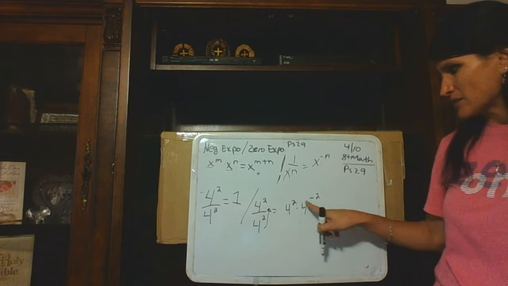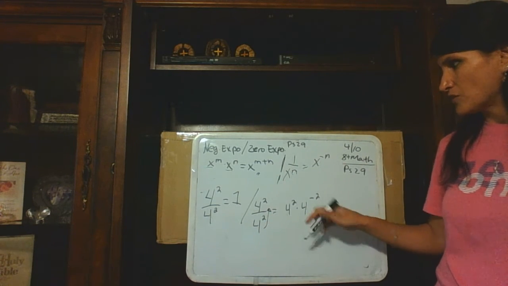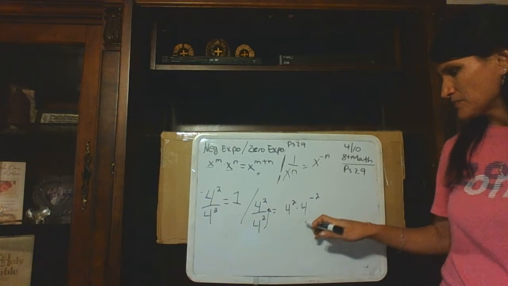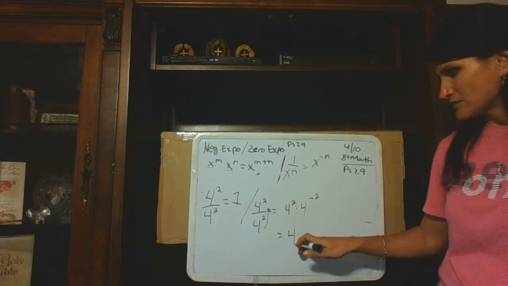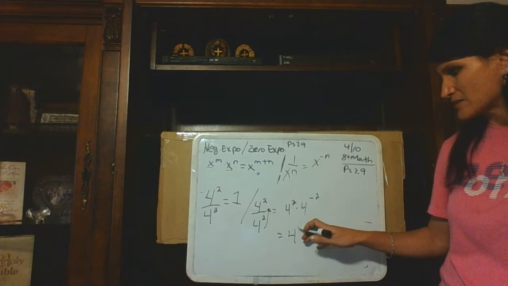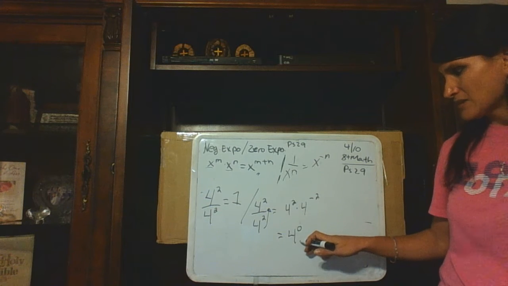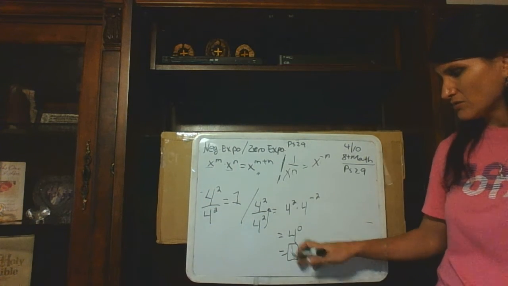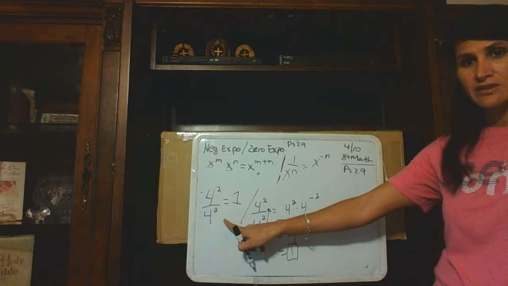We had a 4 squared, it made it a negative. Now, following our rule here, we know that when the bases are the same, you're going to add the exponents. So 2 plus negative 2 would be 0, and 4 to the 0 equals 1.